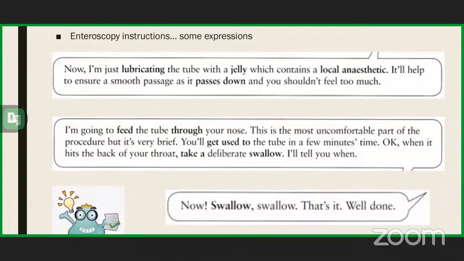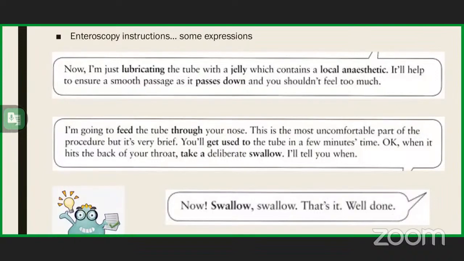Okay. Now I'm just lubricating the tube with a jelly which contains a local anesthetic. It will help to ensure a smooth passage as it passes down, and you shouldn't feel too much. I'm going to feed the tube through your nose.